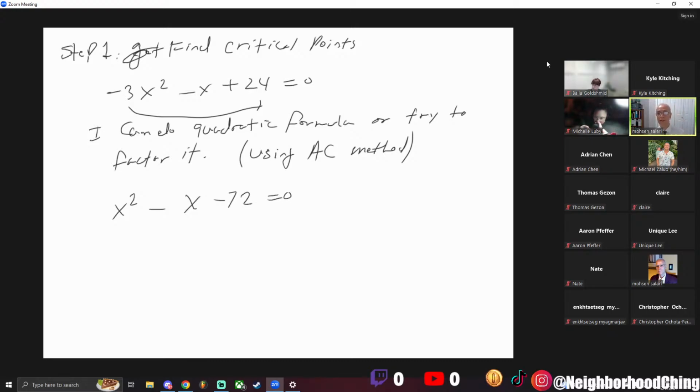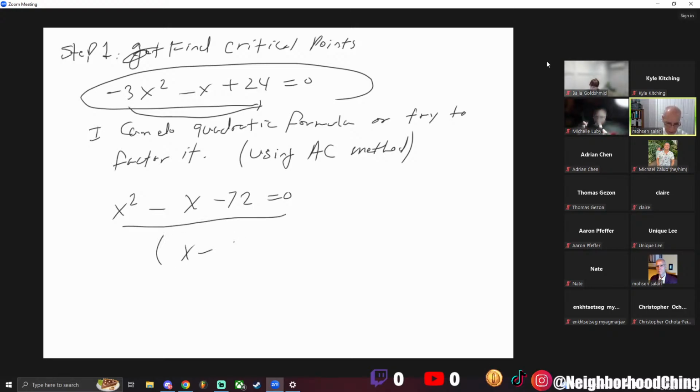I'm not saying that this is equal to that. I'm just using the AC method. Please make that distinction. My first equation does not equal the second equation. We're just using the trick to factor this. So now, if I factor what's in front of me, then I have x minus 9 and x plus 8.